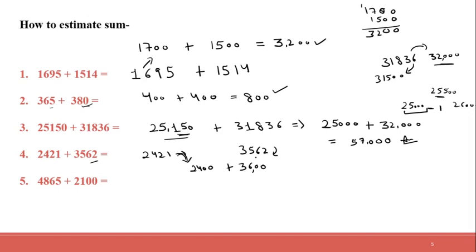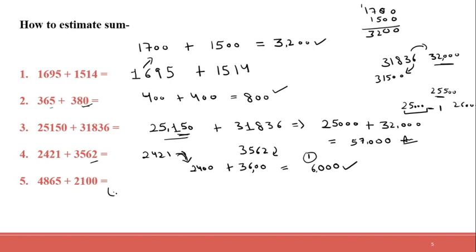Because it is more than 3500, so we'll convert it to 3600, right? Now add this. How will you add this? 0 plus 0, 0 again, 0 plus 0, 0, then 6 plus 4, 10, 0 here, 1 extra, 3 plus 2, 5, plus this 1 extra, 6. So it will become 6000, right?